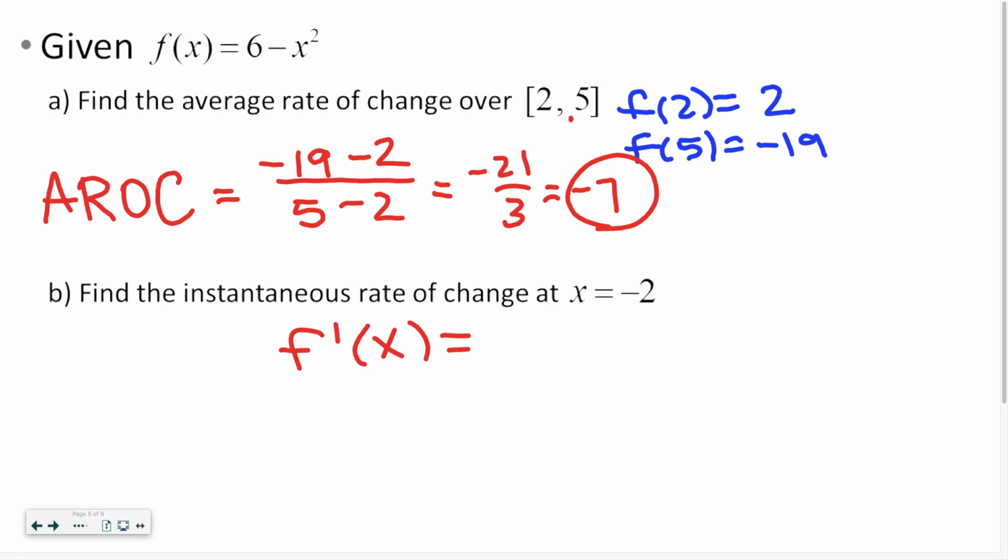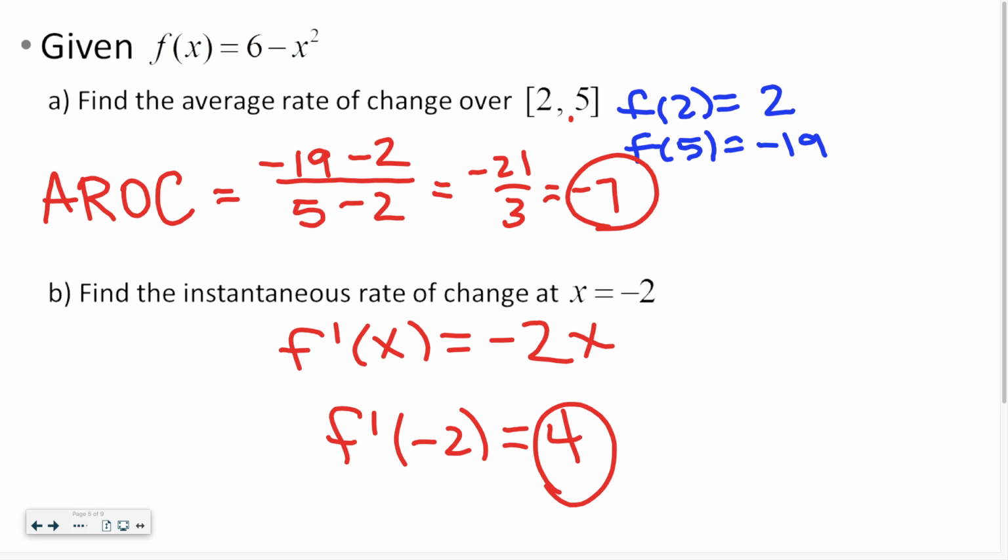We already determined that our derivative is negative 2x. And so our instantaneous rate of change at negative 2 specifically would be 4. Because we plug in negative 2 to the derivative. And here's right.